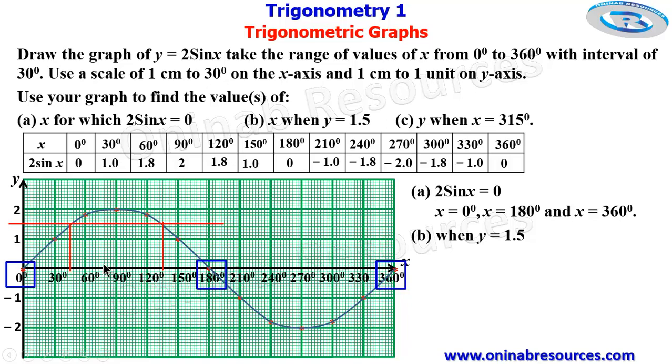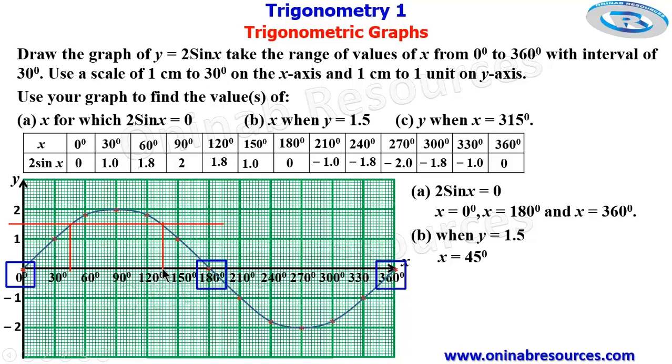So our values of x now will be read. This is halfway between 30 and 60. So 30 degrees divided by 2 is 15. From here to this place is 15 degrees. So we add it to 30, giving us 45. x is equal to 45 degrees.